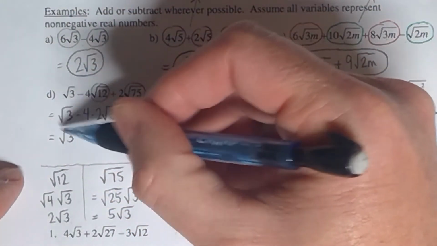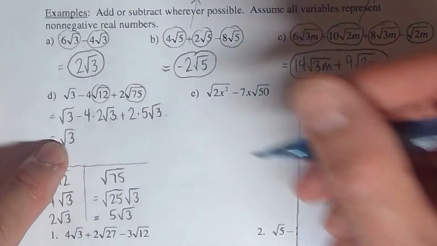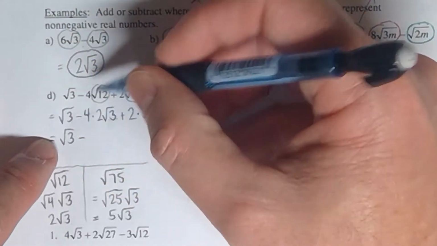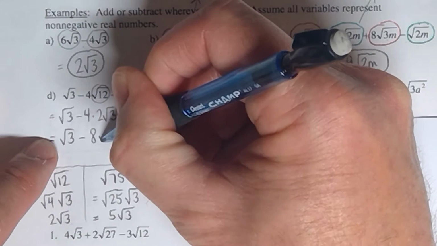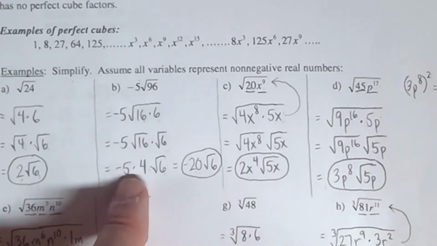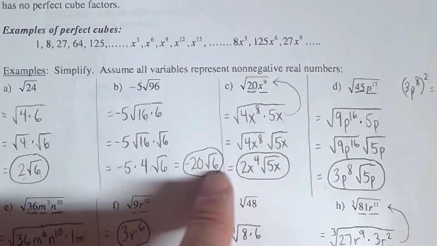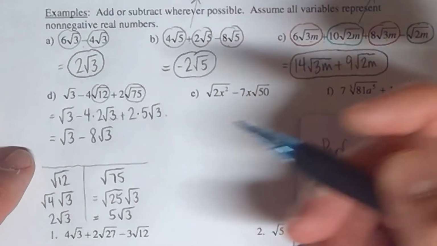There's nothing like that here because the radical didn't simplify, so you don't have to do that part on this step. Okay. But negative 4 times 2 is negative 8, and then the rad 3 stays the same, just like it did right here, minus 5 times 4, and then you keep the radical part the same. Same thing here with the rad 3, it stays the same.